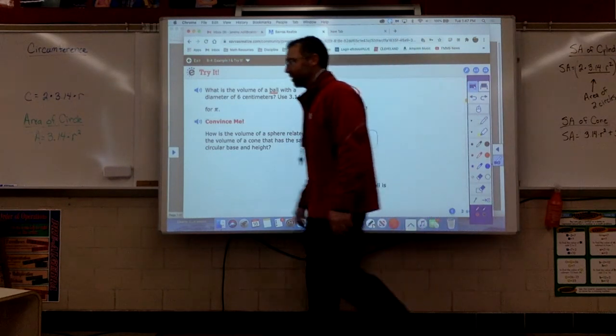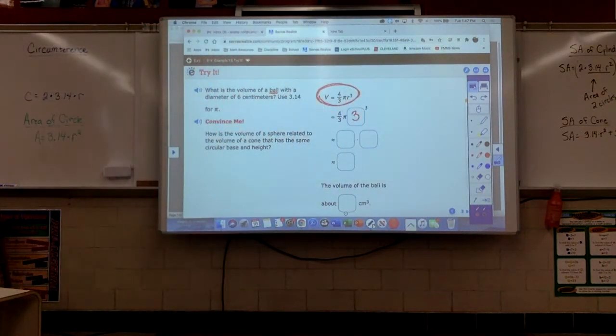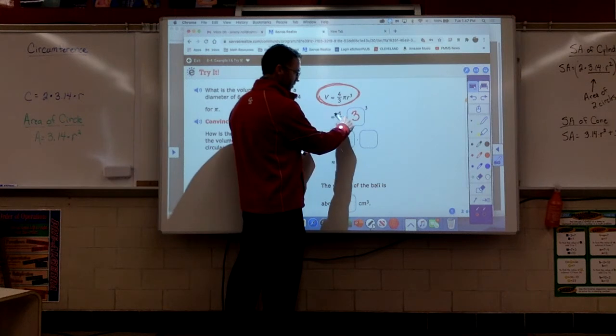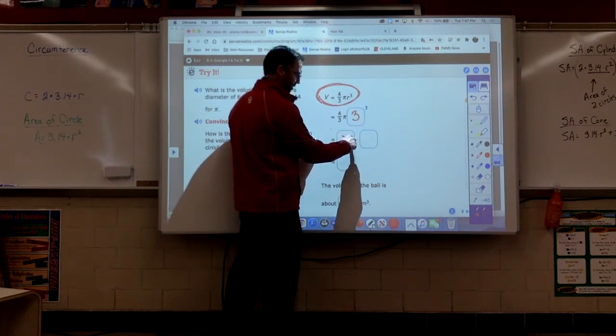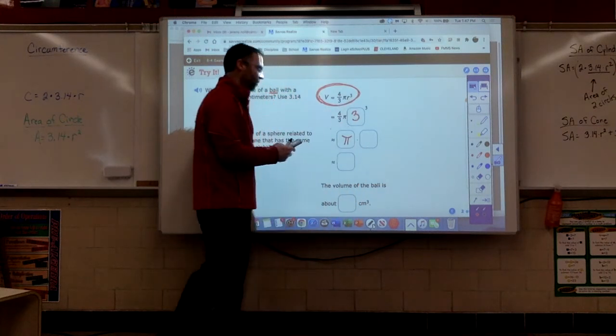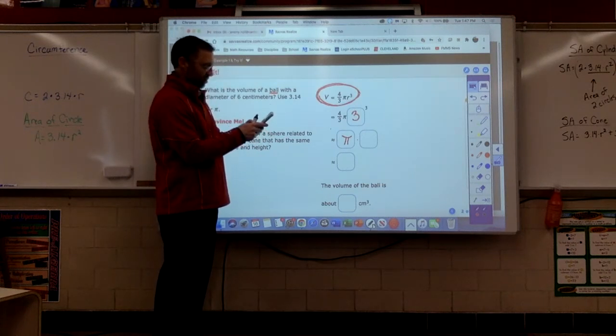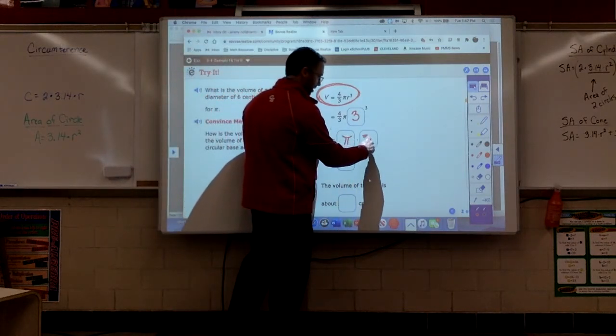Now, Mr. Knoll forgot his calculator over here, so I got to get it. Evaluate the expression. Well, 4/3 times pi times, so I'm going to put pi right here, and I'm going to multiply all the numerical values together. So we have 4/3 times 3 raised to the third power. This comes out to be 36.